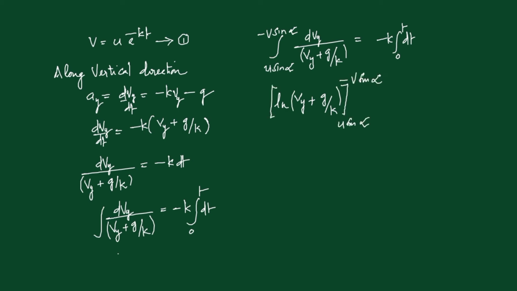That is natural log; you put the upper limit, then we get minus v sin alpha plus g by k.